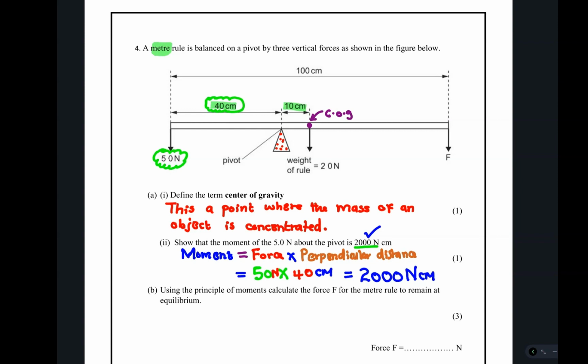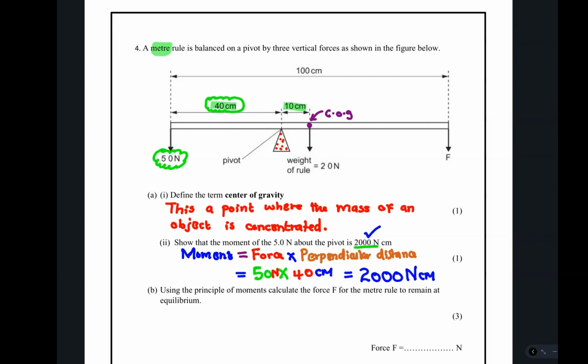Now, I want you to be very, very keen here. The pivot is placed at 40 centimeter mark from one end. And when you are doing this kind of questions, I want you to be careful, because all the distances that we are talking about here are measured from where the force is to where the pivot is. So we have force F and 20 newtons.